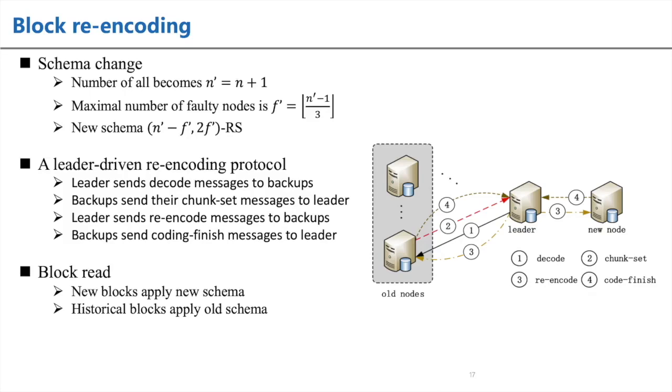Last, when a backup receives a re-encode message from the leader, it re-encodes blocks into N' chunks and stores its own chunks. Then, the backup sends a coding finished message to the leader indicating the accomplishment of re-encoding for the current round. Upon collecting N' minus F' coding finished messages, the leader starts re-encoding blocks of the next coding round.